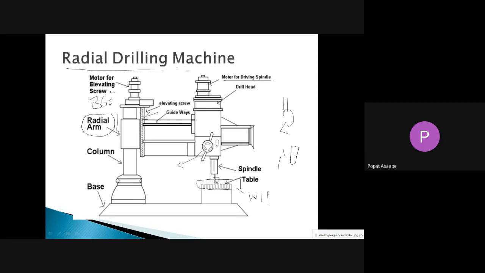That radial drilling machine we can use for producing holes on heavy duty or large workpieces. Suppose we want to produce a hole on a heavy or large workpiece, which we cannot move here and there. For such workpieces we can use the radial drilling machine. It consists of the base, column, radial arm, and drill head.